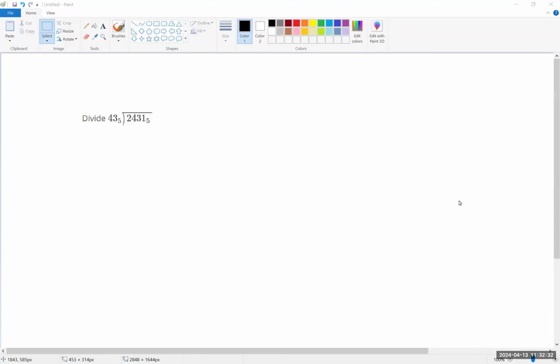Okay, so we're going to be dividing 2431 base 5 by 43 base 5. The very first thing I'm going to do is count in base 5, just to jot some things down.